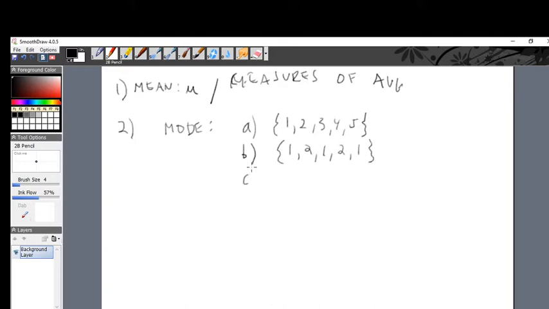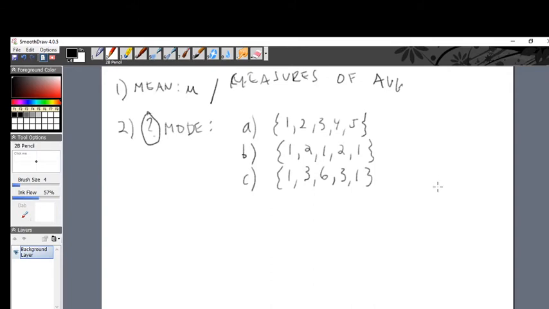Then comes C. Here's a set of raw data, whatever it's measuring. Here it is: 1, 3, 6, 3, and 1. And we want to know, what is the mode of each one of these?